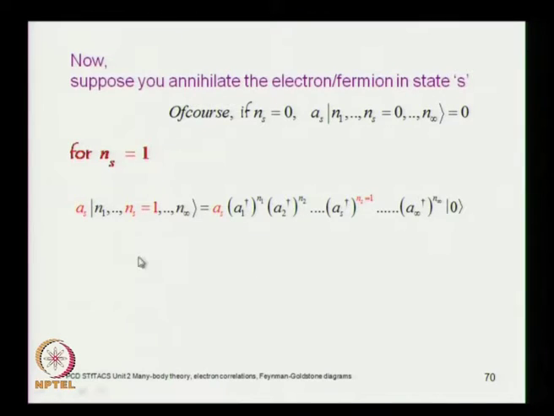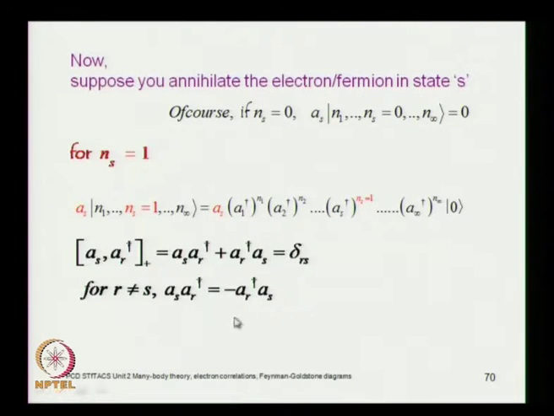So now what you have to do is to move A_S to the right. Now again we are going to make use of the anti-commutation relations, and these are the fundamental anti-commutation rules. So if A_S is to be moved to the right of a creation operator, you can certainly do so when R is not equal to S, okay, but when you do so you must get a minus sign.